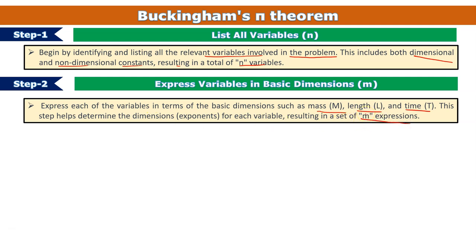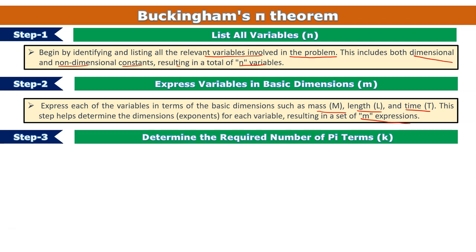Now how many fundamental or basic dimensions are there? That is also required. That has to be counted, and that is counted as m, so that the m expressions can be set up.